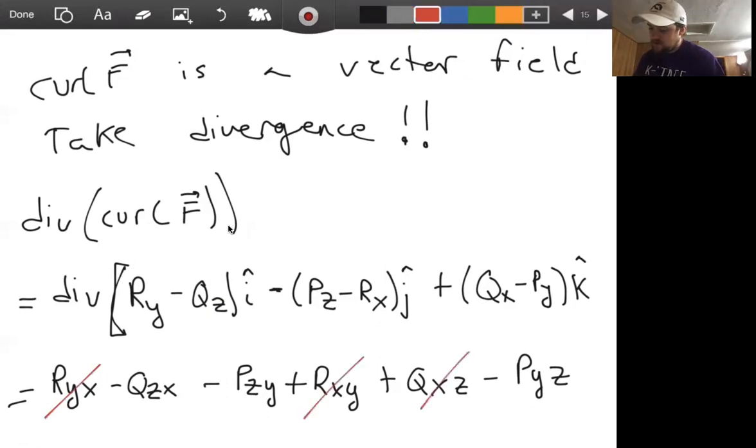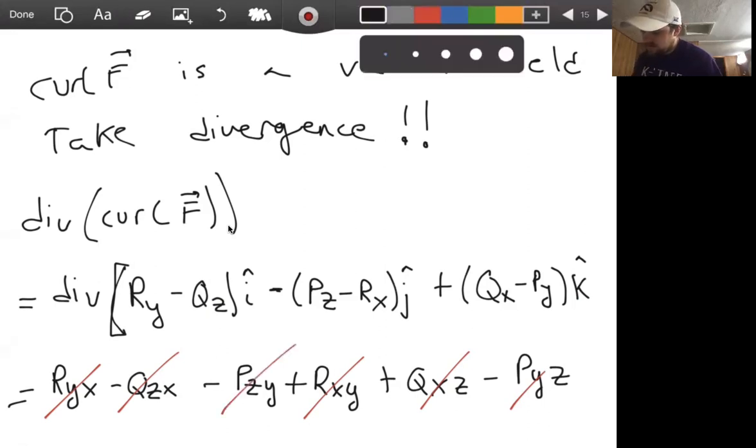We know that Qxz is equal to Qzx, and we know that Pyz is equal to Pzy here. And so I messed up a negative. This should be plus. So this one is plus, and this one is minus.